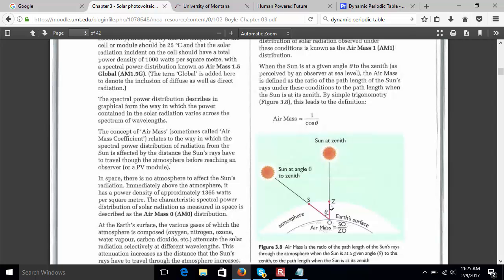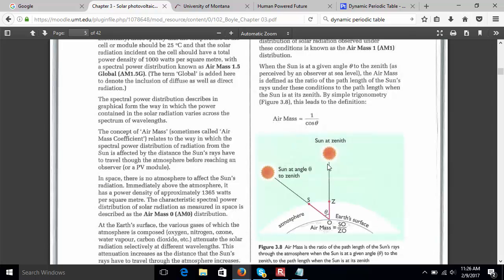Remember the traffic jam in the sun? It took that photon 9 million years to get out of the core to the surface, 8 minutes to get here, and then it hits the atmosphere. Well, again, there's a little bit of molecular traffic jam between the top of the atmosphere and the surface. So air mass 1 is that equation right there, 1 over the cosine of theta.